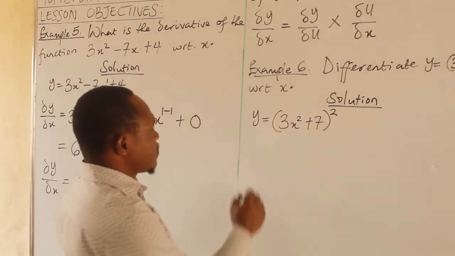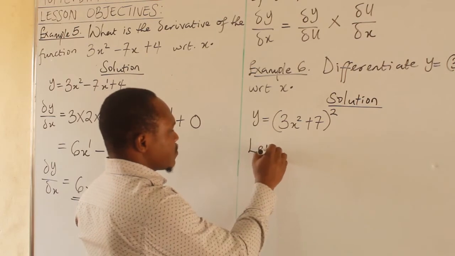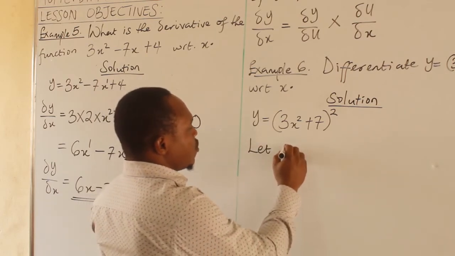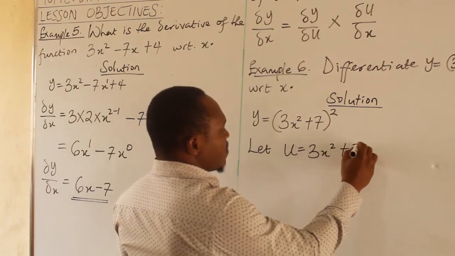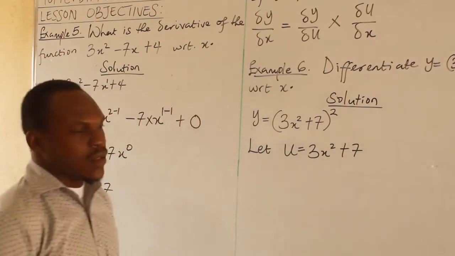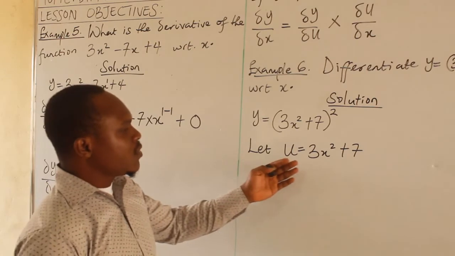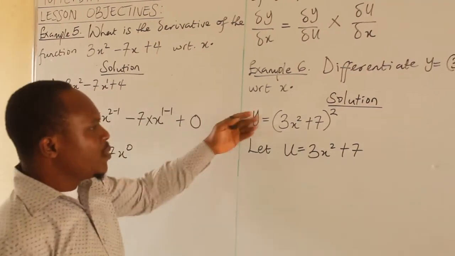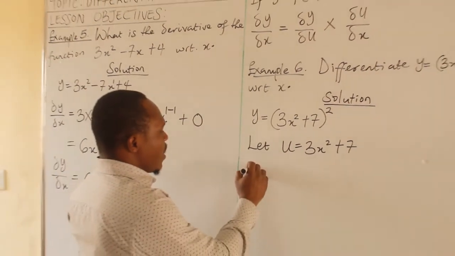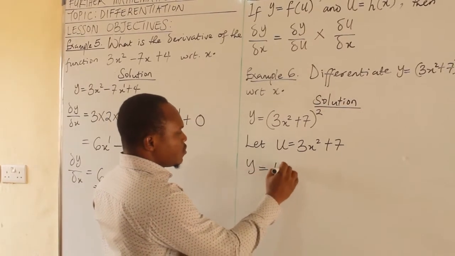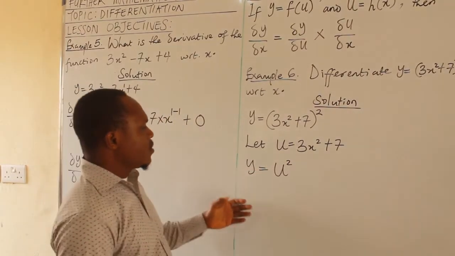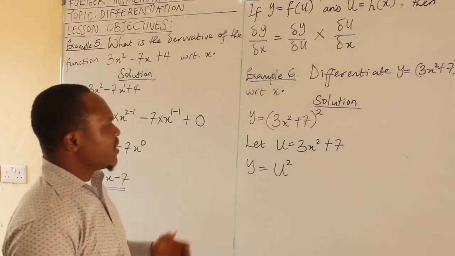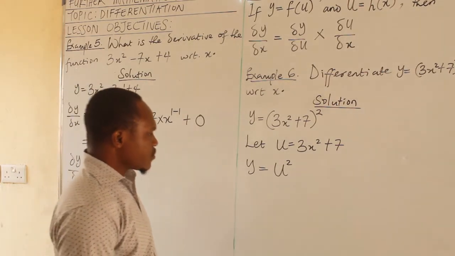So we can say, let u be equal to 3x squared plus 7. If we say let u be equal to 3x squared plus 7, coming over here, we'll now have y is equal to u raised to power 2.